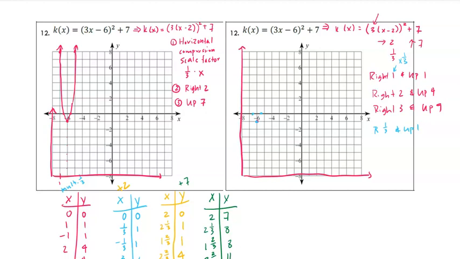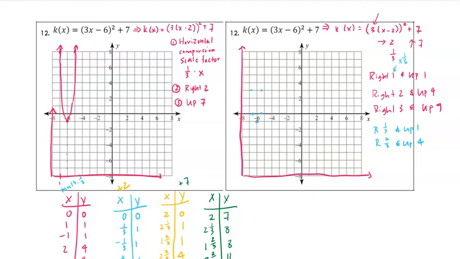Left 1/3 and up 1. And then multiply that by 2/3. So right 2/3 and up 4. 1, 2, 3, 4.